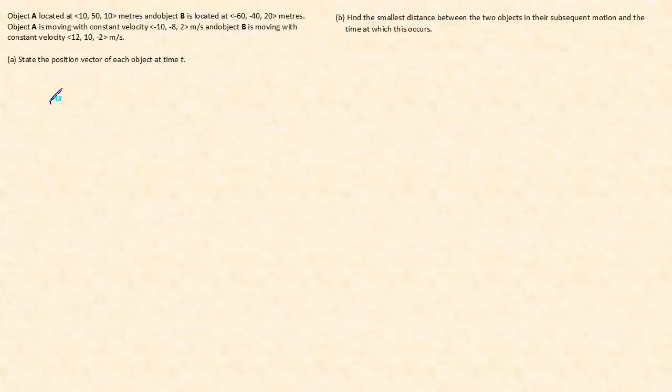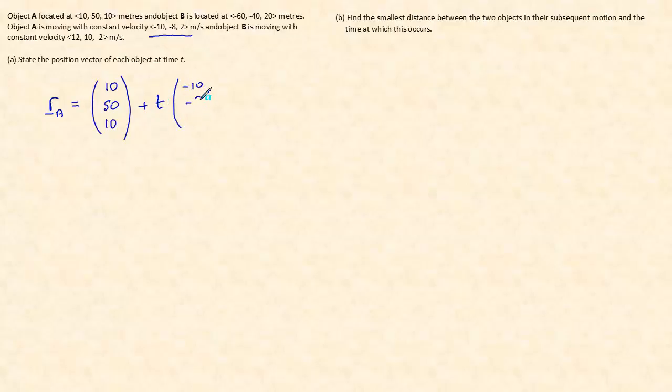So let's look at A, the position vector of A. We know that initially when t is 0, it's at (10, 50, 10). Then it has this velocity, so every second it's moving (-10, -8, 2), where t is the number of seconds.